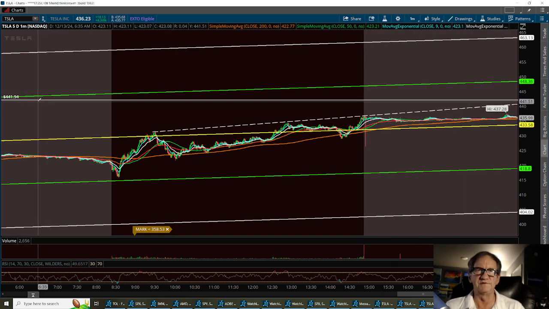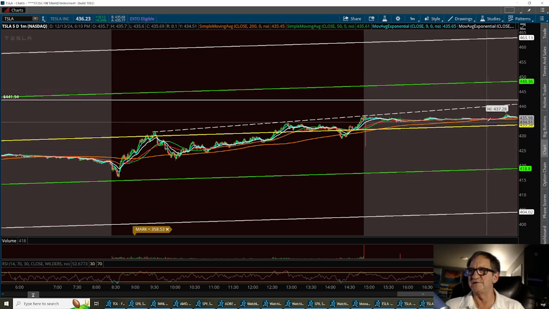If we break this resistance at 441.94, or right around 440, about 441, maybe a little bit below it, 440.60. I want to try to get it to that line right there because I know we've hit it once, twice, 3 times, and 4. If you can count to 4, you might make a little bit more and have that breakout.